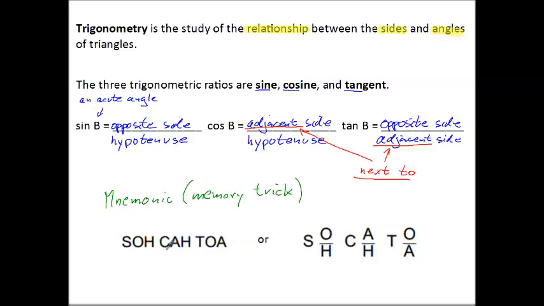The cosine is the ratio of the adjacent side over the hypotenuse, and the tangent is the ratio of the opposite side over the adjacent side. So SOH CAH TOA, even better, can be written the way we see here on the right, where it also shows that we have to build the ratios between the two respective sides for each one of these three functions.